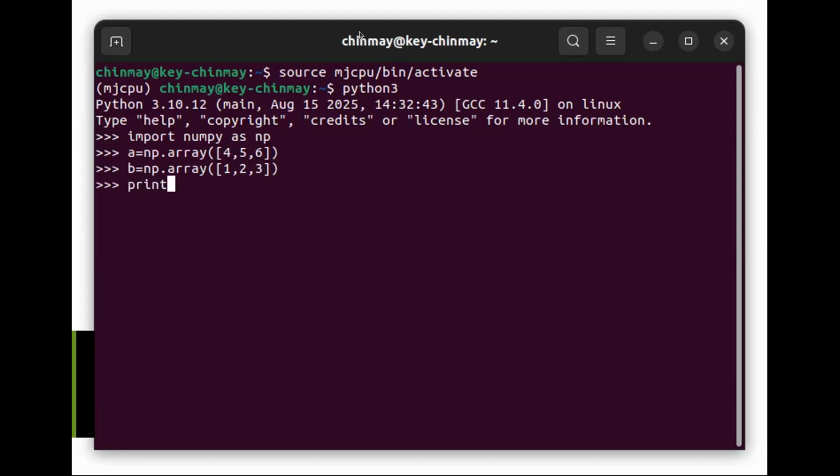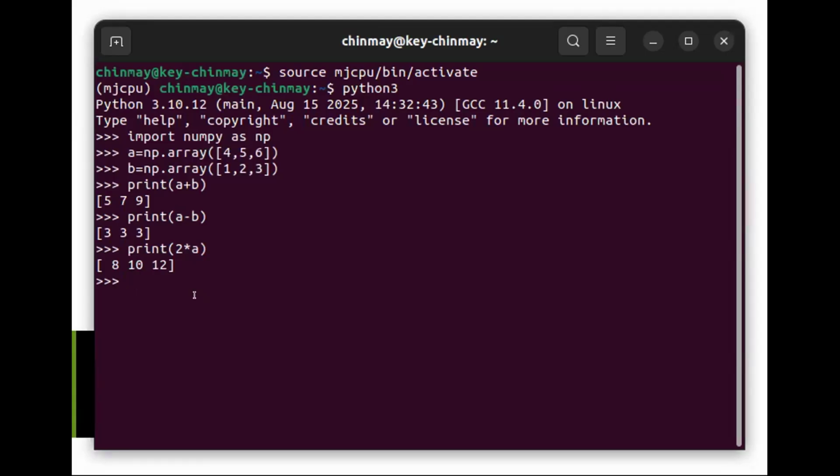Then you can print a plus b, which is its addition: 4 plus 1 is 5, 5 plus 2 is 7, 6 plus 3 is 9. You can also print the subtraction, which is 3 3 3, because 4 minus 1, 5 minus 2, 6 minus 3, all are 3. Then you can also print the scalar multiple of the vector. Let us multiply this by 2 using the multiply operator: 8 10 12. Yes, 4 twos are 8, 5 twos are 10, 6 twos are 12.